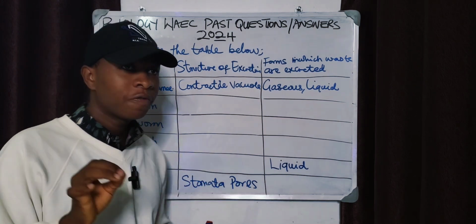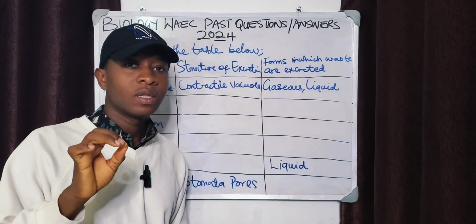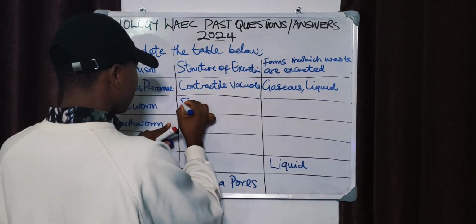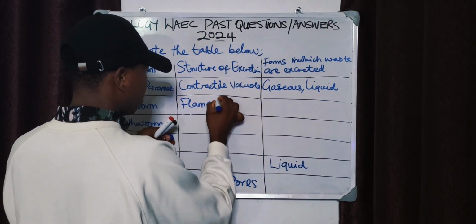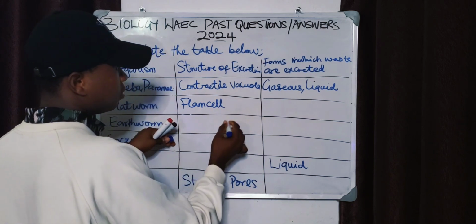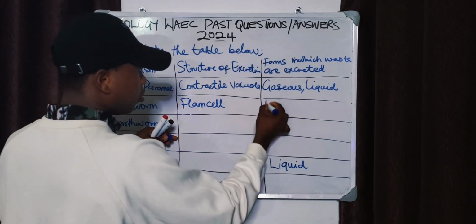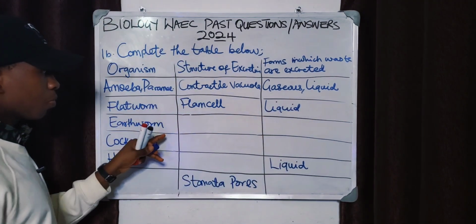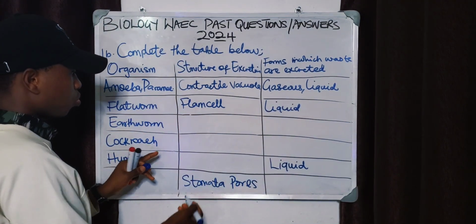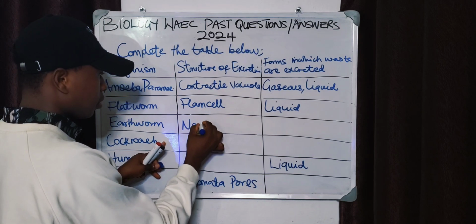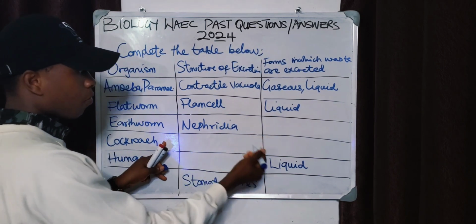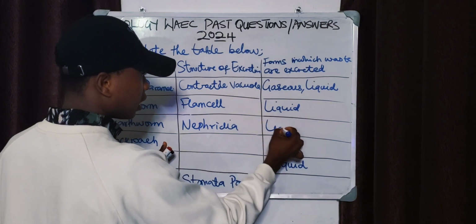The structure of excretion in flatworm is the flame cell. And in what form? Liquid. The next one, earthworm. The structure of excretion in earthworm is nephridia. And in what form? Liquid as well.